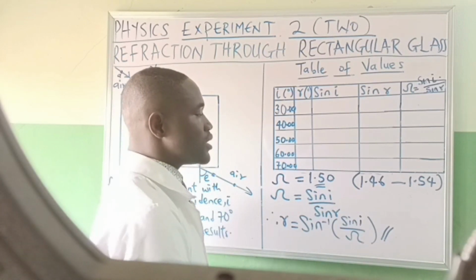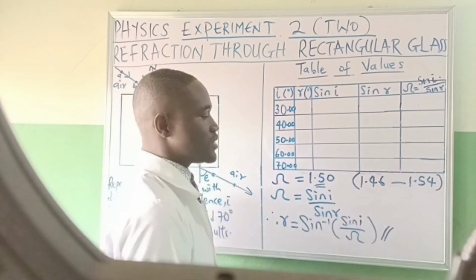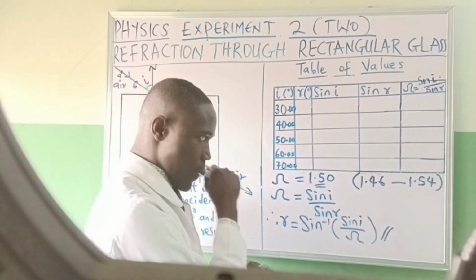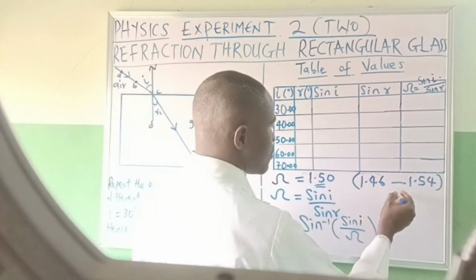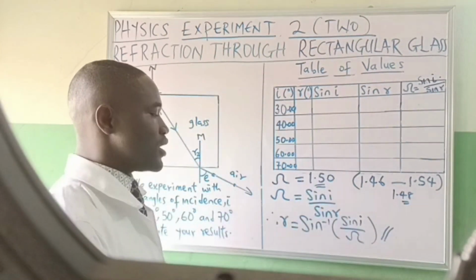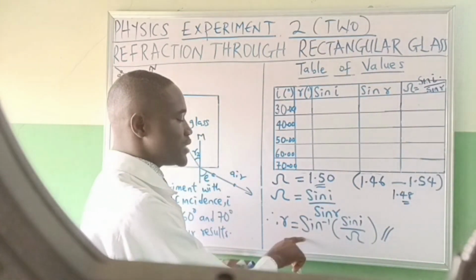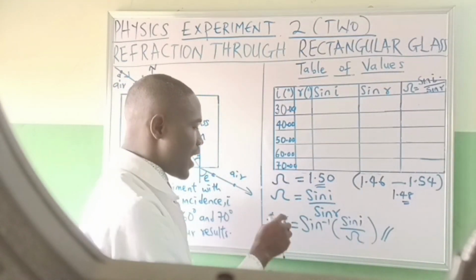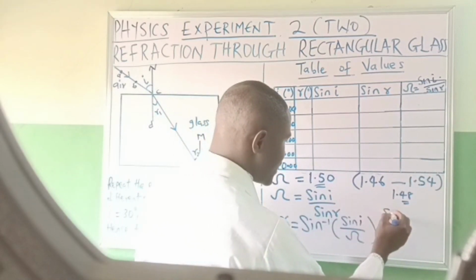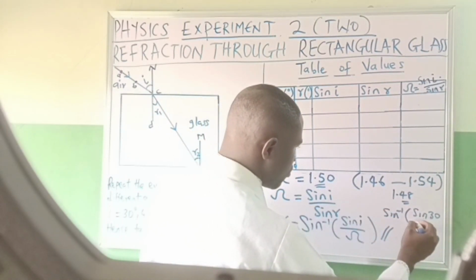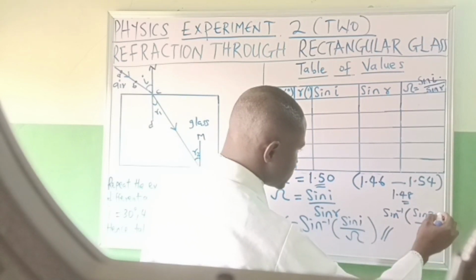Now, that means I have to pick one of these refractive indices. You can pick any one you want, but I will pick 1.48. Picking 1.48, I put it here. I will now say that my first value of r will be sine inverse of (sine 30 over 1.48).